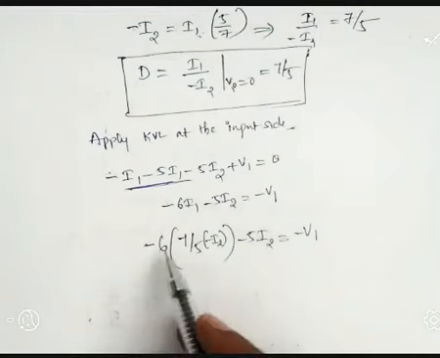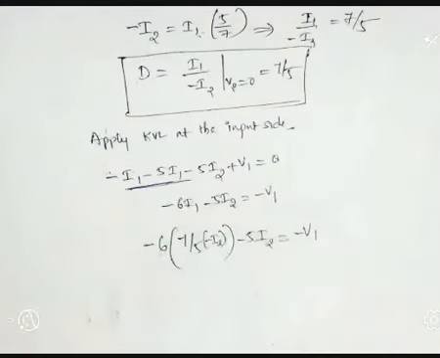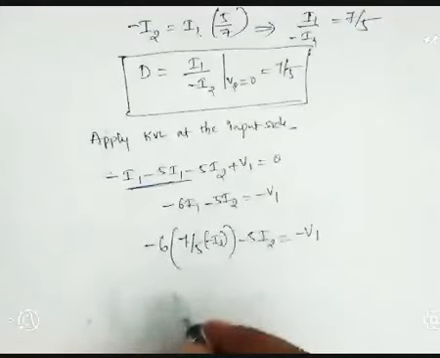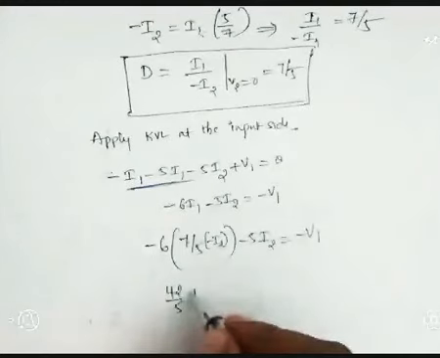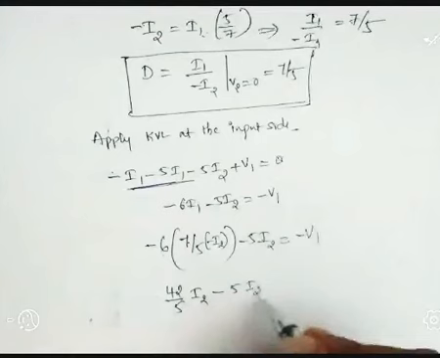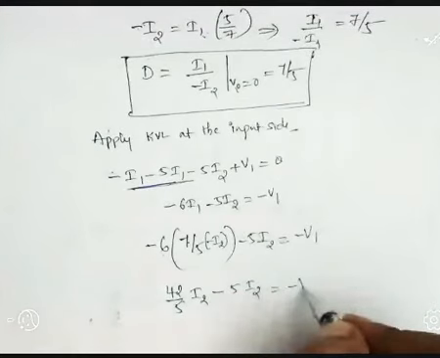Now further, minus into minus, plus, that is 7 into 6, 42, 42 by 5 I2, minus 5I2 is equal to minus V1.